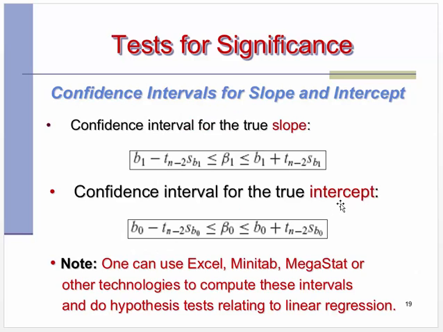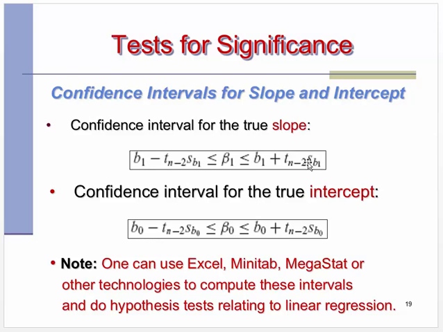We can also construct confidence intervals for the slope and intercept. Just like before, we have the slope and intercept, but what is the confidence interval? The confidence interval for the true slope, beta 1, is b1 minus t times the standard error of b1 at the lower end of the interval, and b1 plus t times the standard error of b1 at the upper end.